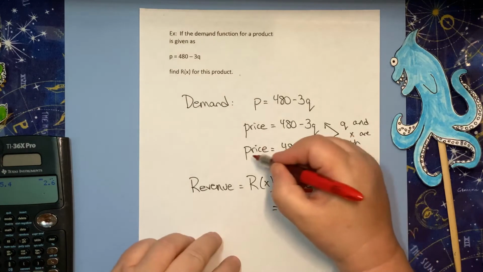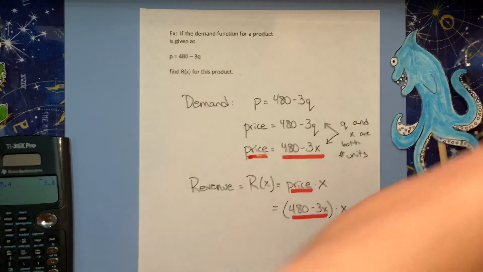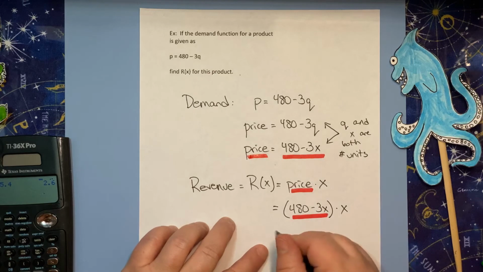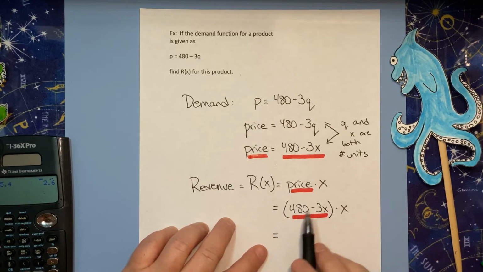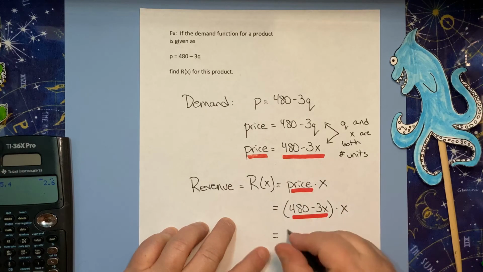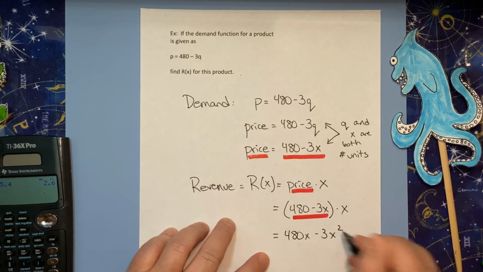All right, this is the price. My favorite price is Vincent Price. Okay, so we've got the price times x. So this is the price from here. So I multiply, I get 480x minus 3x squared.